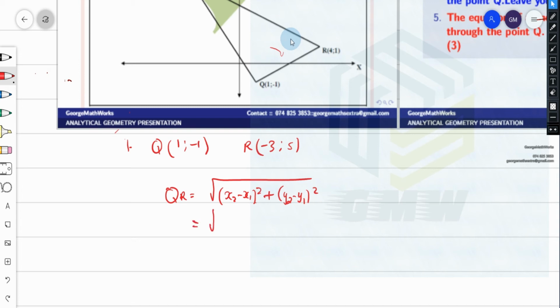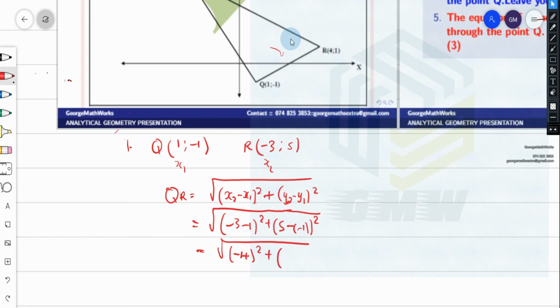So here, it will be the square root of, I can say this is my x1, my x2. So I will have minus 3 minus 1, everything squared, plus 5 minus 1, everything squared, and everything under the root. So here, it will be the square root of minus 4 squared plus 5 minus minus 1, that ends up becoming 5 plus 1, which is 6, then squared.